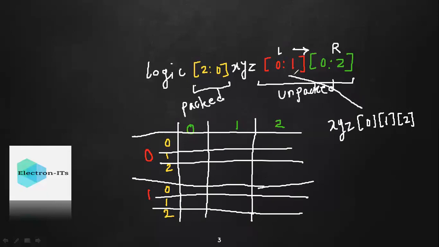So this 0 is from unpacked, because initially you have to start from unpacked, and that too from left. Then this 1 is nothing but your unpacked right side, this second dimension, and this 2 is from this side, which is packed.